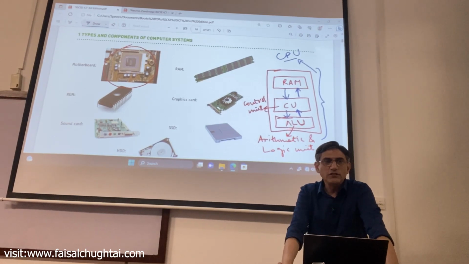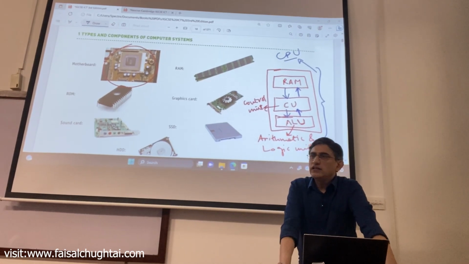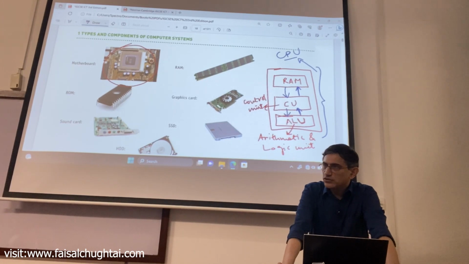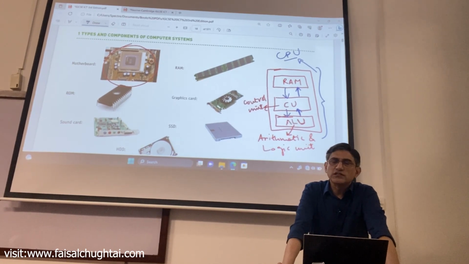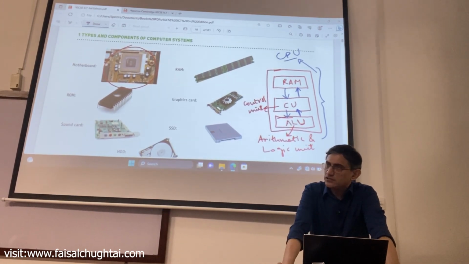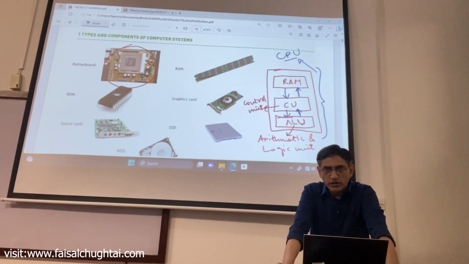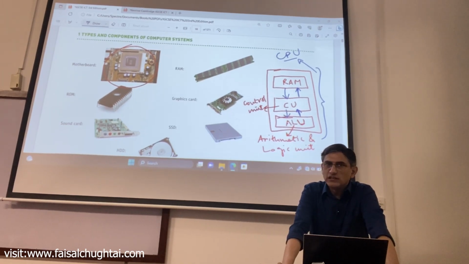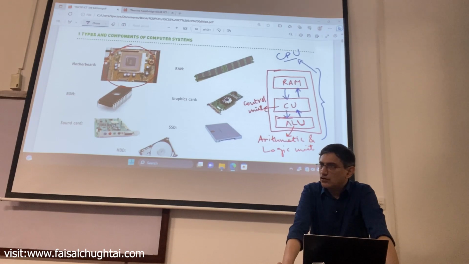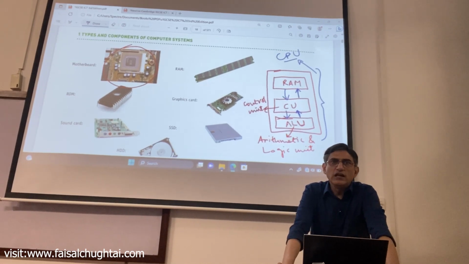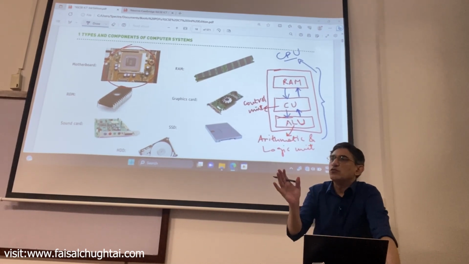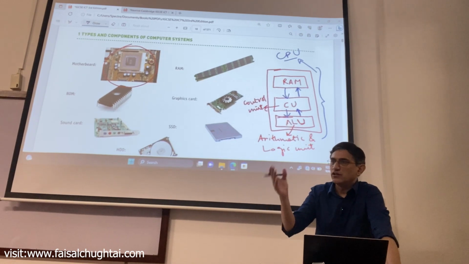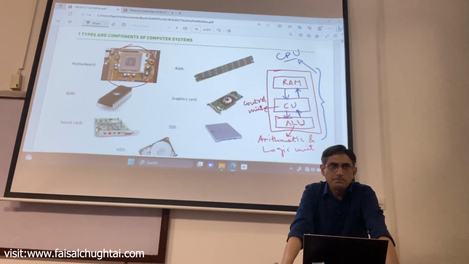So in a nutshell, anything that is processed inside the computer is processed by the central processing unit. The inputs go in, they get processed, and processed data is produced as output, and then that output is generated through some output device such as a monitor or a printer.